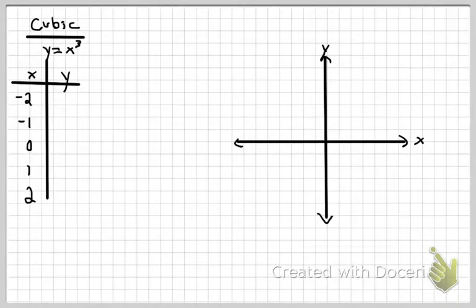Now we will look at a cubic function. So our cubic function, y equals x cubed, this is called our base function. Again, I am hoping you guys all learn your base functions and are able to graph them without having to do your table of values. So your table of values here, we start at -2 and go up to +2. Again, just sub in for our x value.